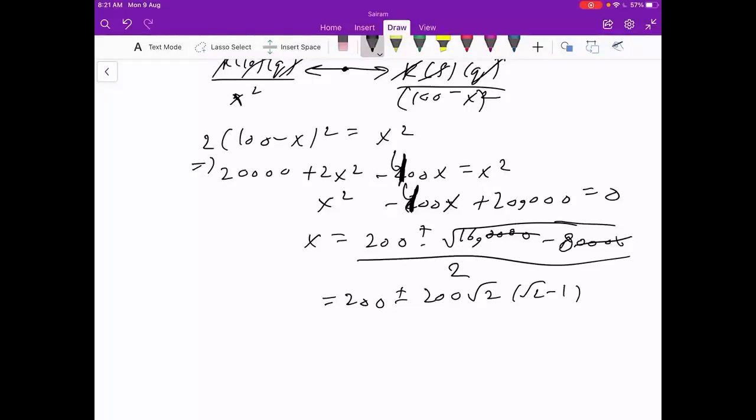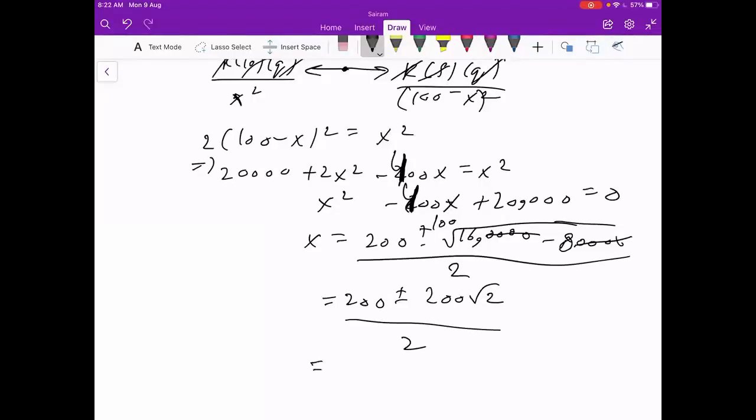1, 2, 3, 4. 100 out. 16 minus 8 is 8, and root 8 is 2 root 2. So that's 200 root 2 by 2. One is negative, the other is positive.